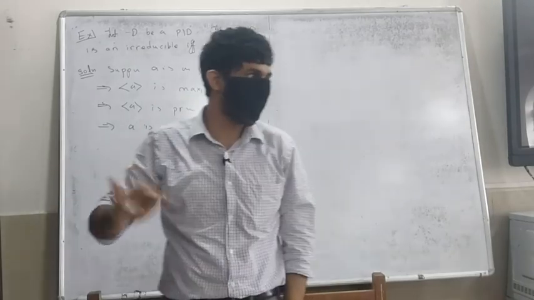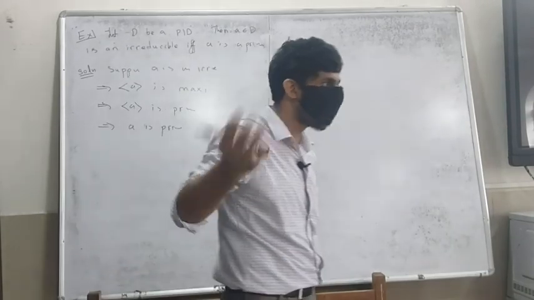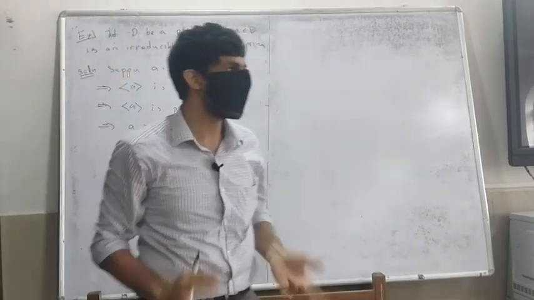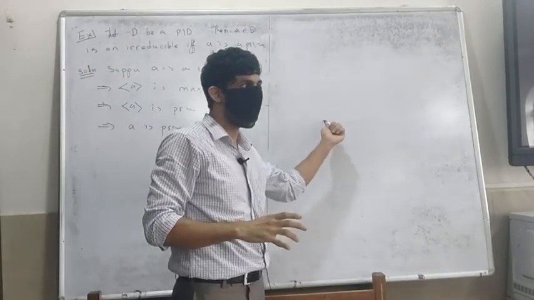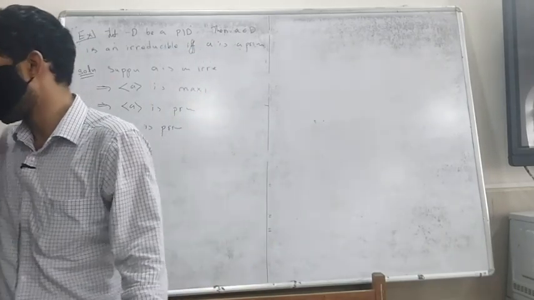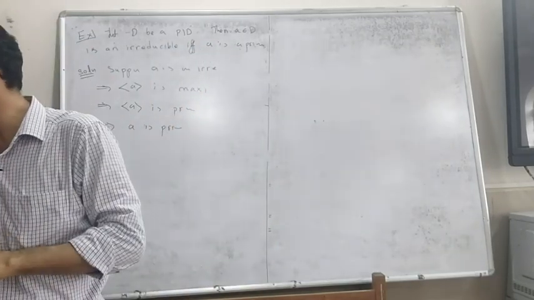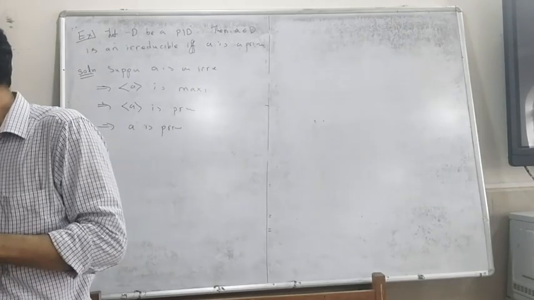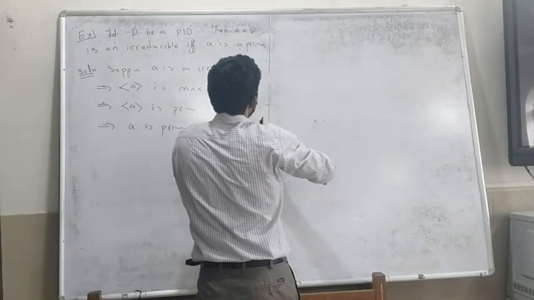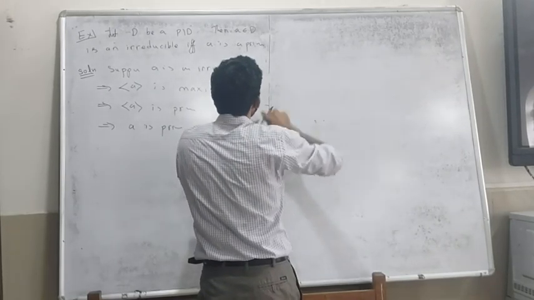In fact, it gives you an example of an integral domain which will not be a UFD, which we will see later. Anyway, these are very interesting rings. So these are the integral domains which we are looking at.